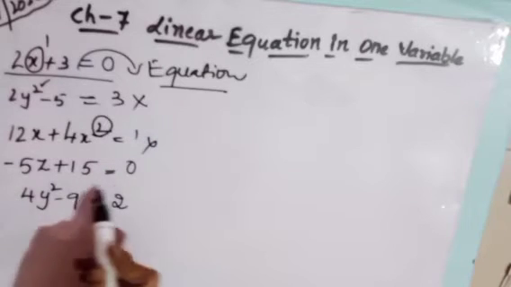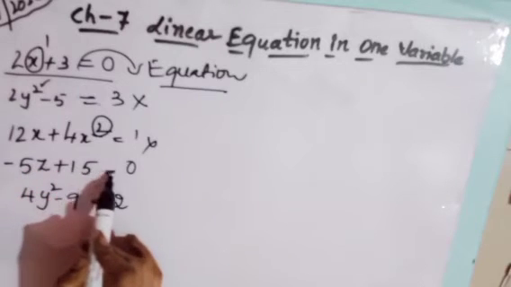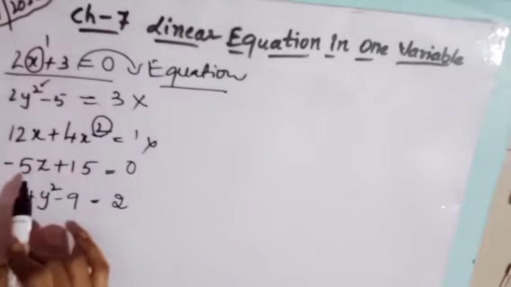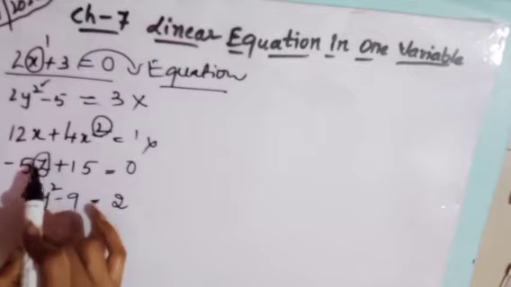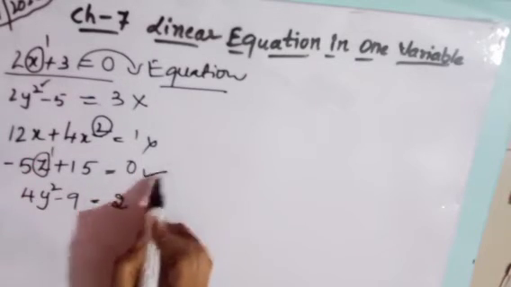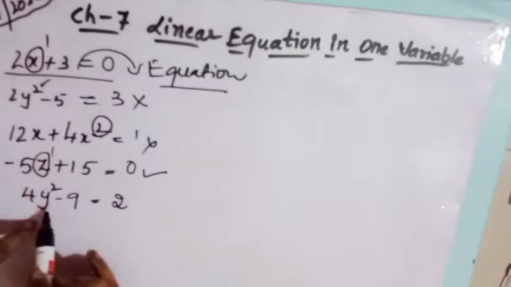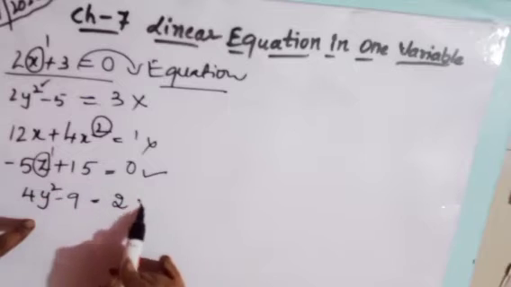Now go to the fourth example, that is minus 5z plus 15 equals 0. This equation has only one variable whose degree is 1. So it is called a linear equation. Now here also, the degree is 2, so it is not a linear equation.